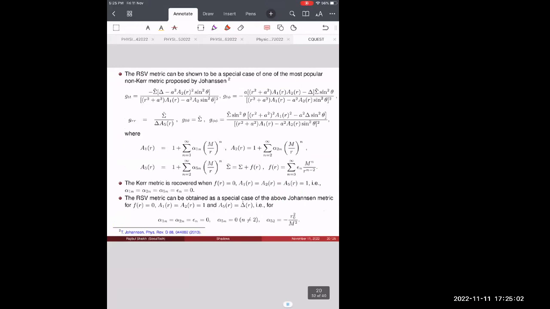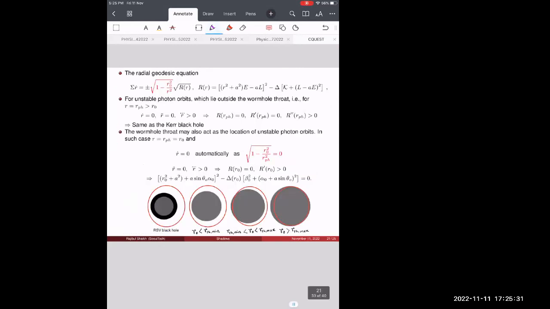It can be shown that this rotating Simpson-Visser metric can also be obtained as a special case of the popular non-Kerr metric proposed by Johannsen. So the metric functions are given by this. It has several parameters. If we set all the parameters to 0 except one to be non-zero, then we get the rotating Simpson-Visser metric.